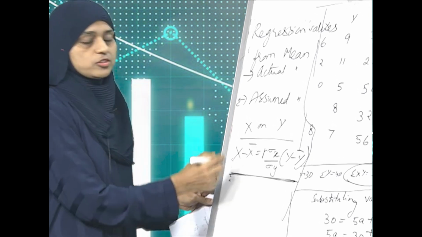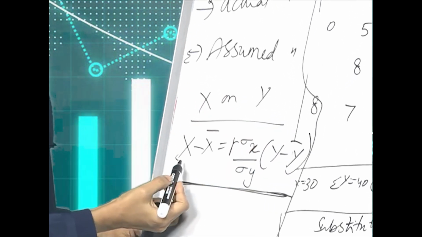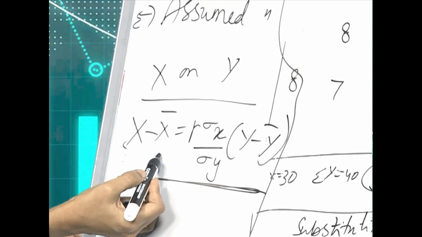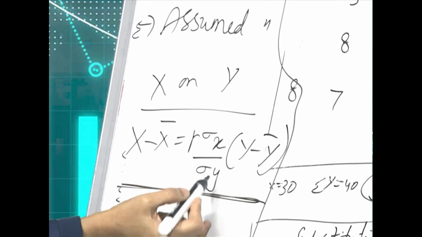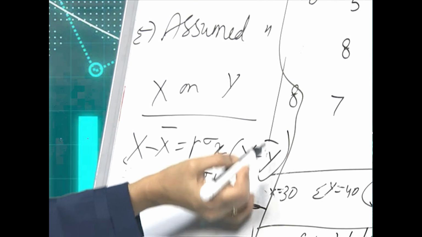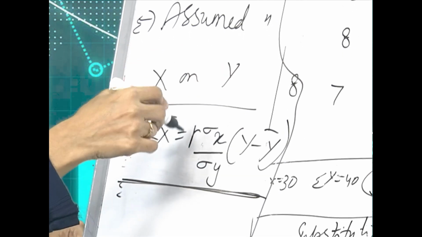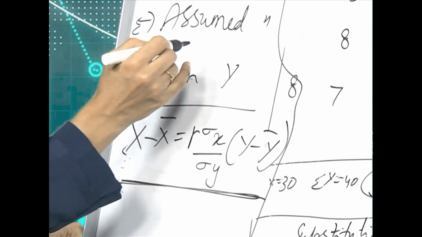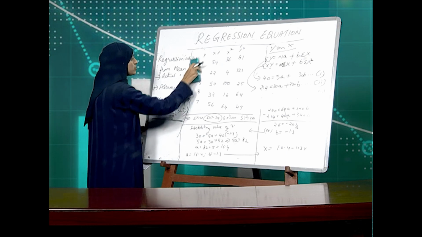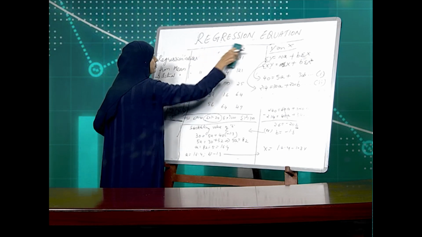So x on y will look like deviation of x from mean of x, then there are standard deviations of x and y, and deviation of y from mean of y. This is how we will find it by taking into consideration the actual mean. So this is the formula for regression related to the actual mean.